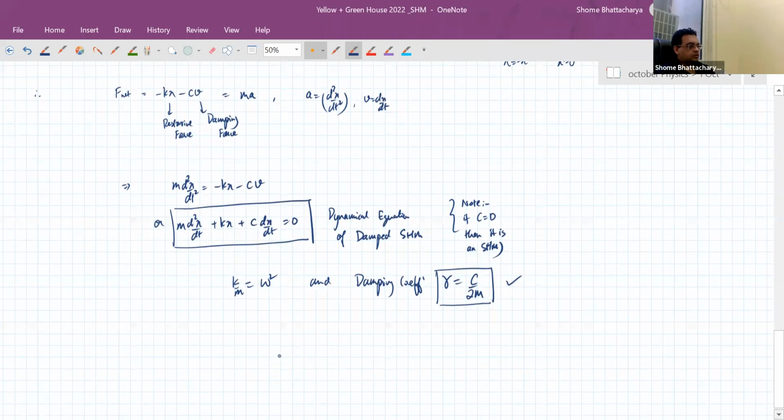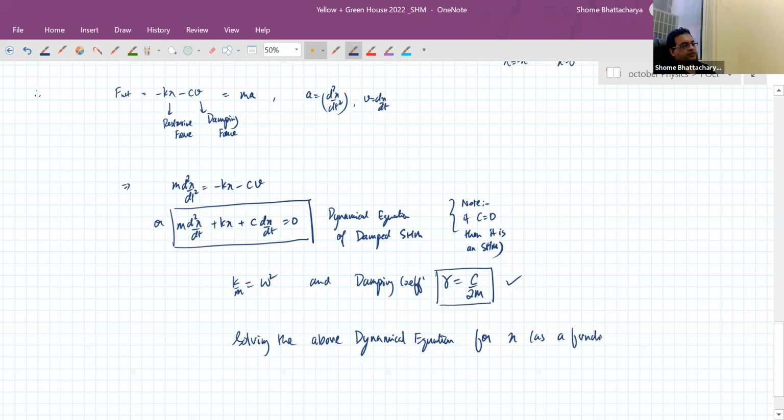Now, solving the above dynamical equation for x as a function of time, we get three cases.